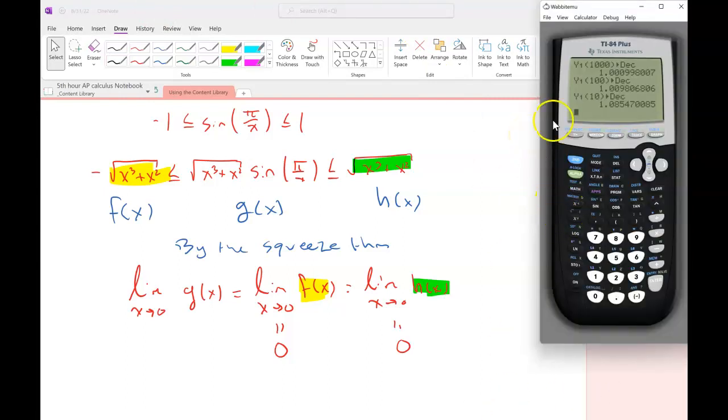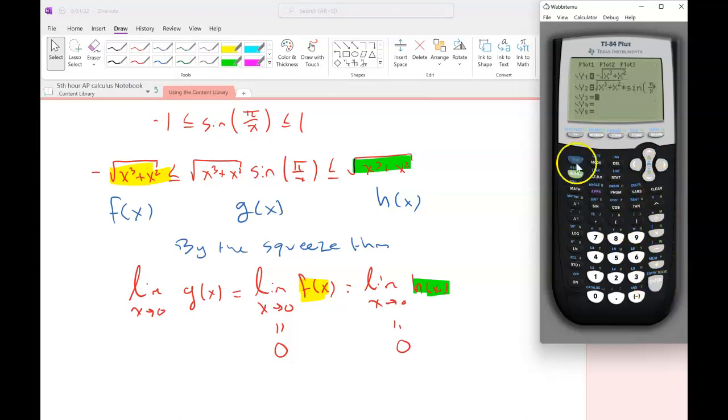Here, let's look at the picture. So I have negative square root x cubed plus x squared. I have square root x cubed plus x squared times sine of pi over x.